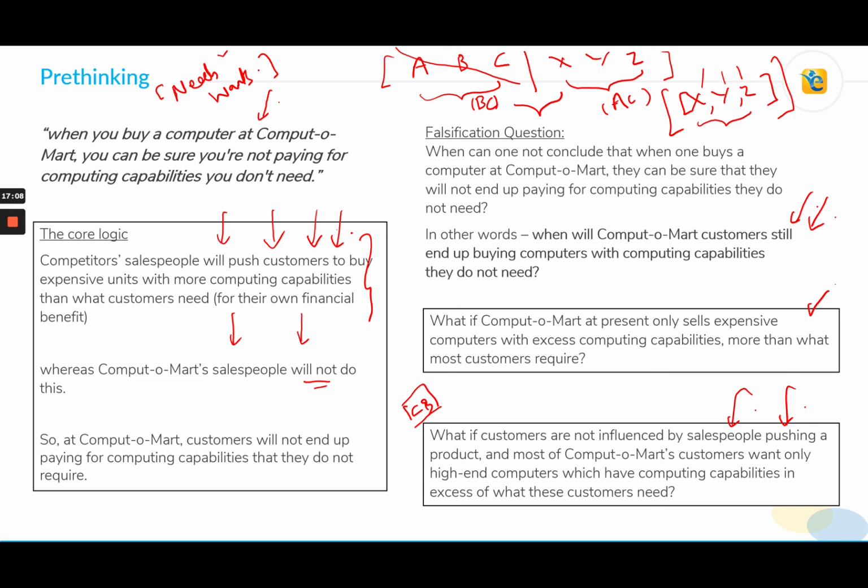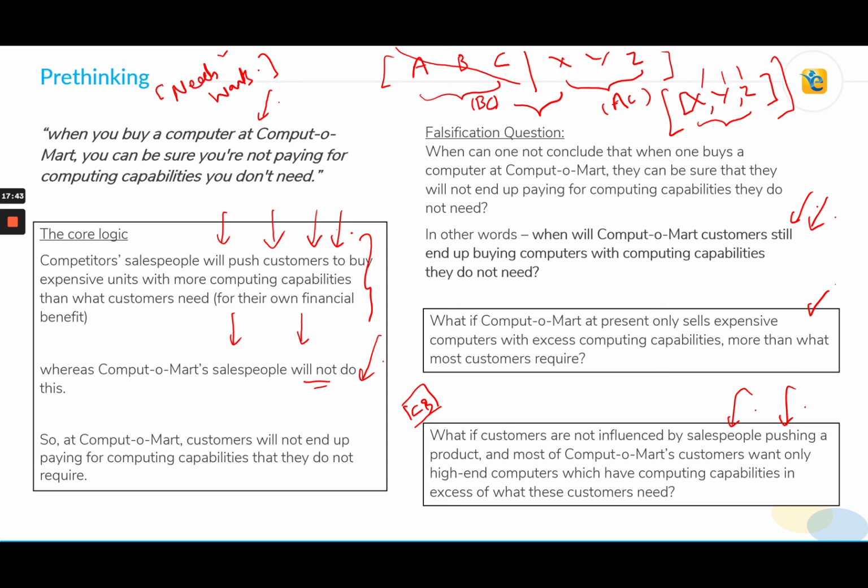If that's the situation, if most of Comput-o-mart's customers belong to this particular category of people who don't need a higher computing but actually want a higher category, and they'll buy a higher category computer even if they're not pushed towards it. In such a situation, yet again, irrespective of the salesperson behavior, the customer is still going to buy, somebody like me is still going to buy a computer like X, Y, or Z, which has a computing capability beyond what I actually require. So it again weakens your argument, and it drives a wedge between the premise and the conclusion.